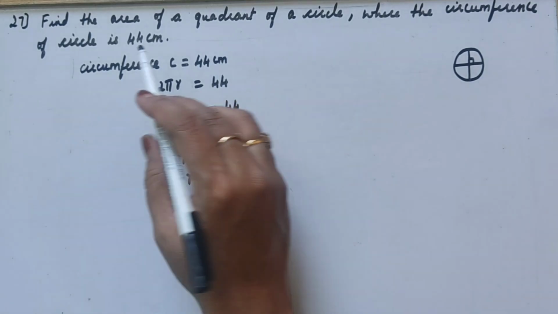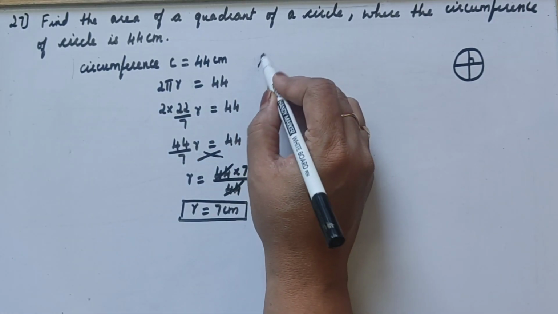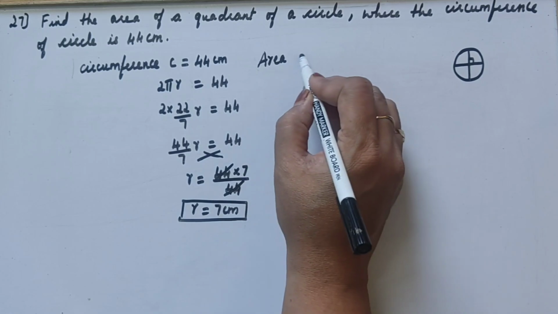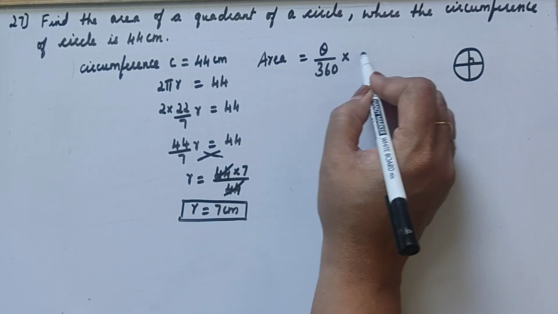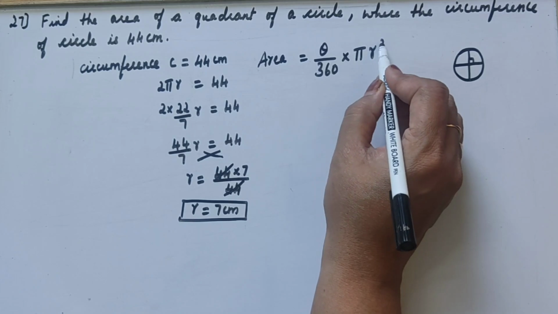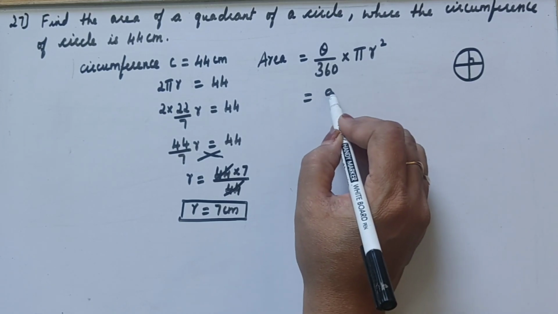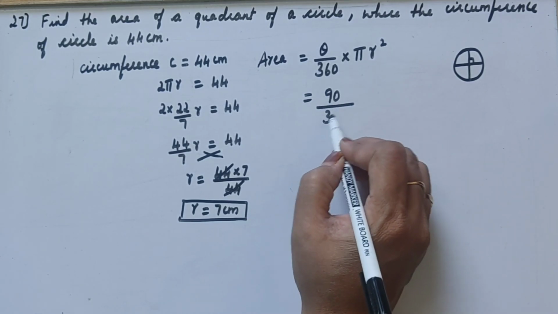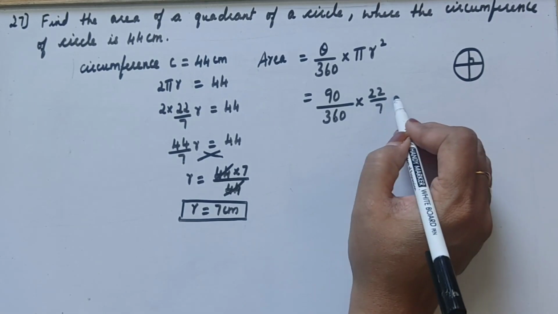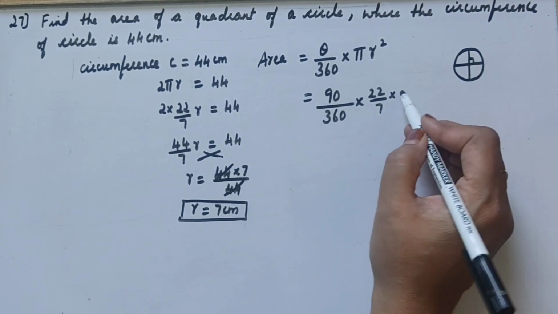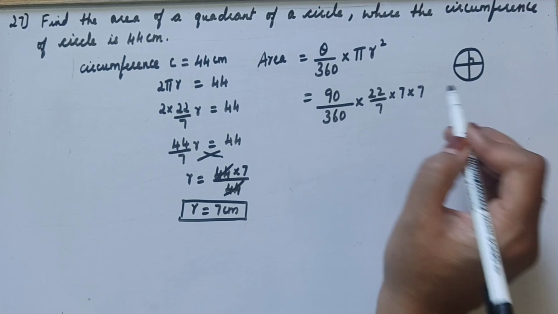Now we need to find out the area of the quadrant. So area of quadrant equals theta by 360 into pi r square. Theta value is 90. 90 upon 360 into pi is 22 by 7, r square, r we have got 7, let me write 2 times.